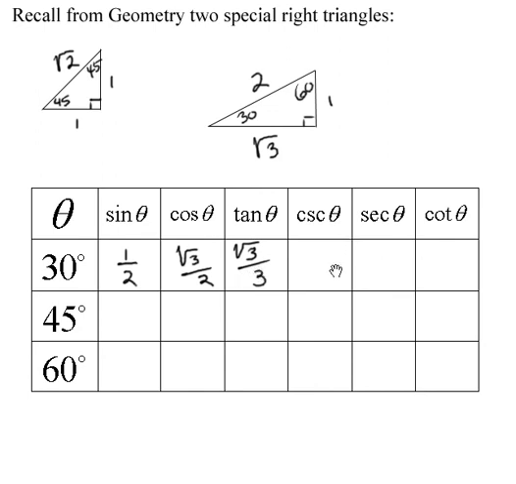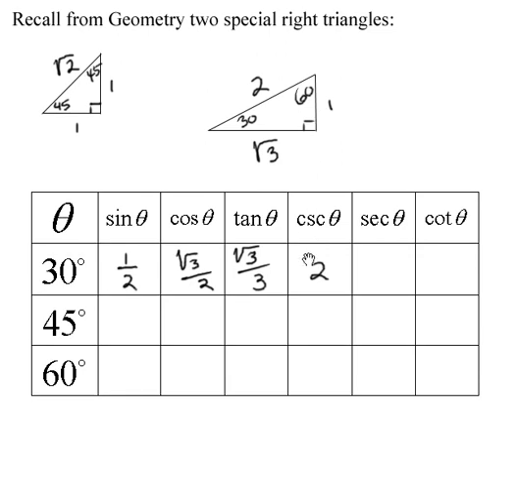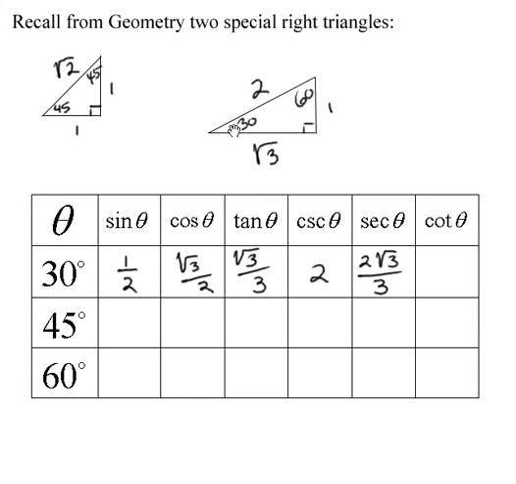Now don't forget these next three are reciprocals of sine, cosine, and tangent. So cosecant being the reciprocal of sine, so we're going to stand at the 30 point of view. Cosecant is hypotenuse over opposite. 2 over 1 is 2. Secant, we're going to stand at 30's point of view.